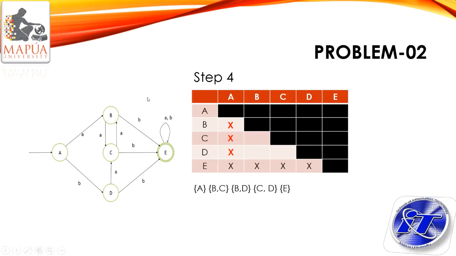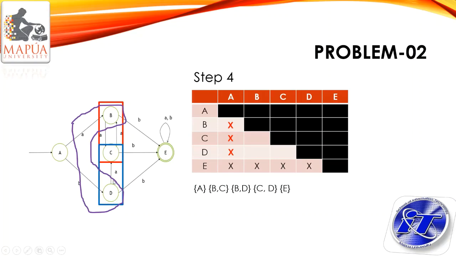By checking the diagram, we just have a loop for A, and if it's B, it will go to E. So B and C somehow have the same behavior. For BD, it will go to C if A, and if it's B, it will go to E. While for CD, it will go to B, it will go to A, but if it's E, it will go to E.